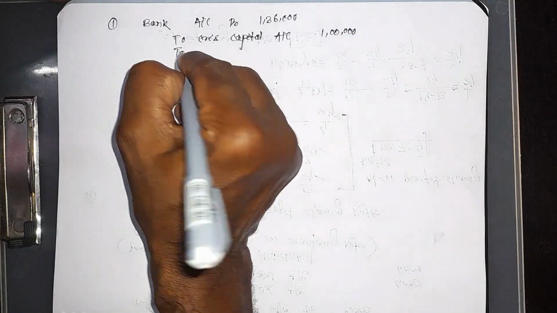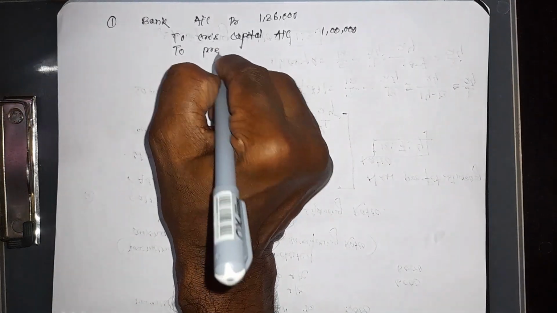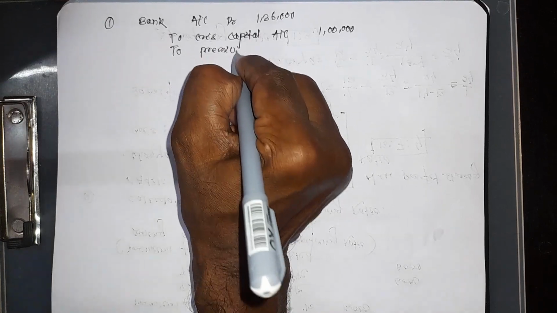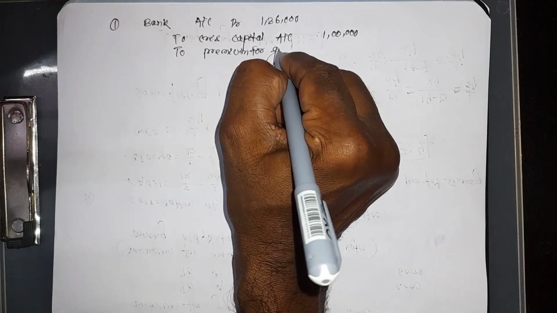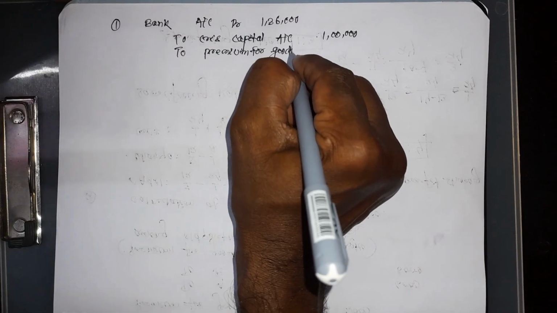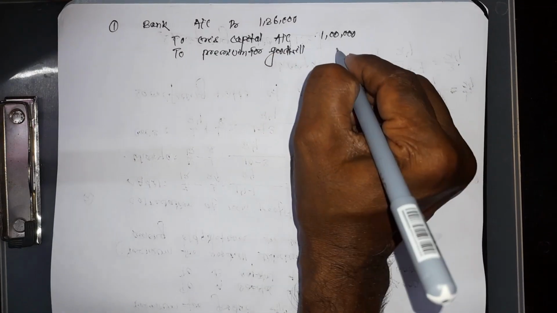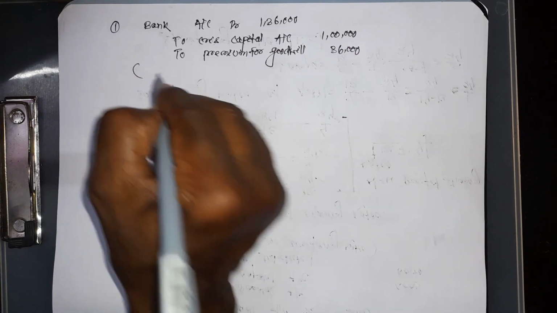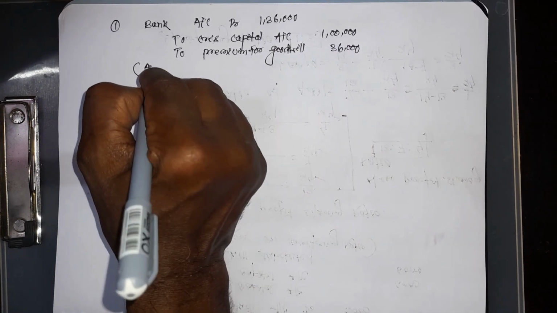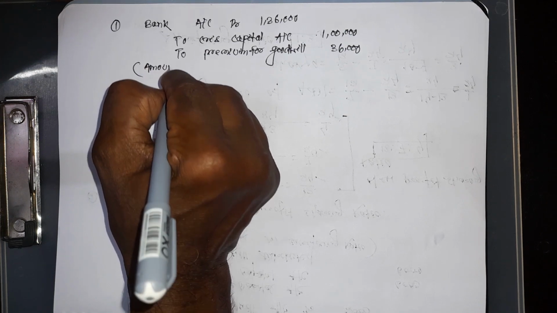To premium for goodwill 36,000. Then the narration: amount brought towards capital and premium for goodwill.